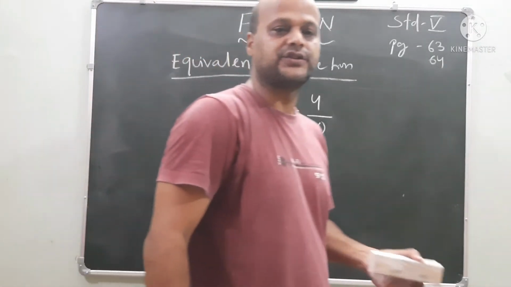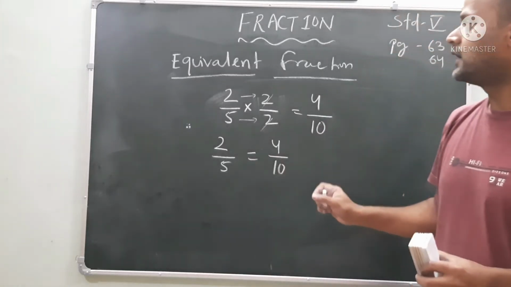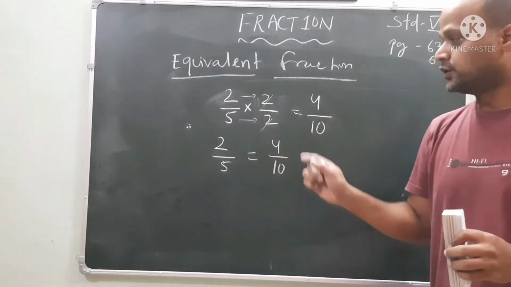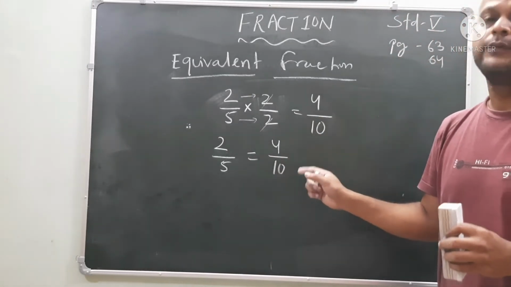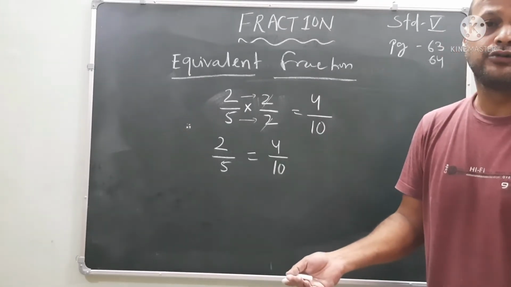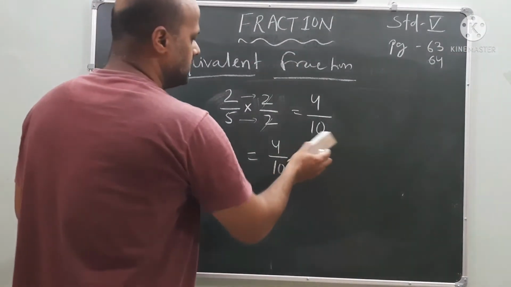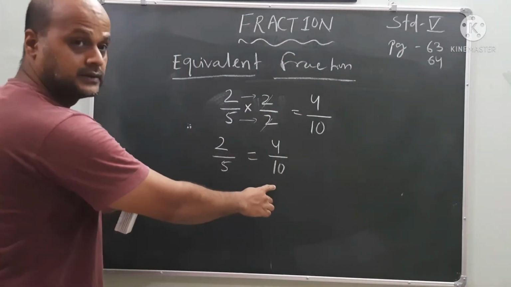Understood my dear friends? This is a very important topic regarding fractions. If it says write 2 equivalent fractions, what do you have to do? Nothing, just go for another one. Here 4 by 10 has come.